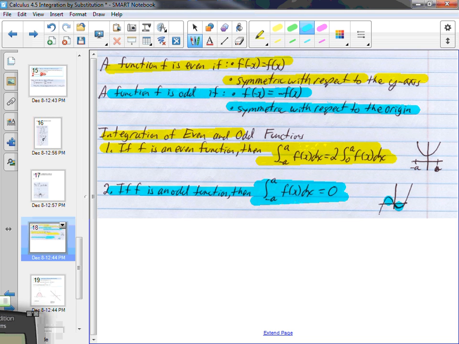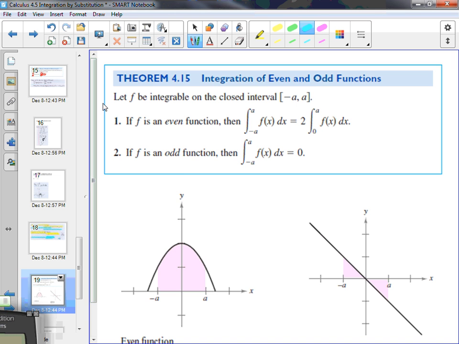So we've done that before. The book points it out in this section. So there you go. All right. That's that.